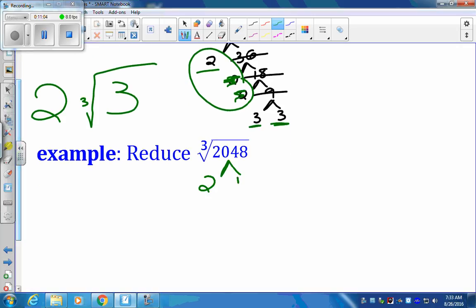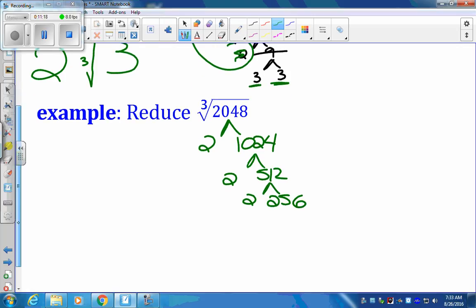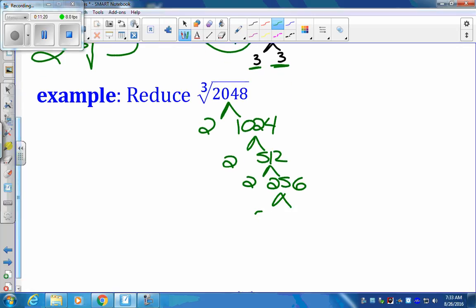I've got 2 and 1,024, 2 and 512, 2 and 256. I'm going to run out of room. 2 and 128, 2 and 64.